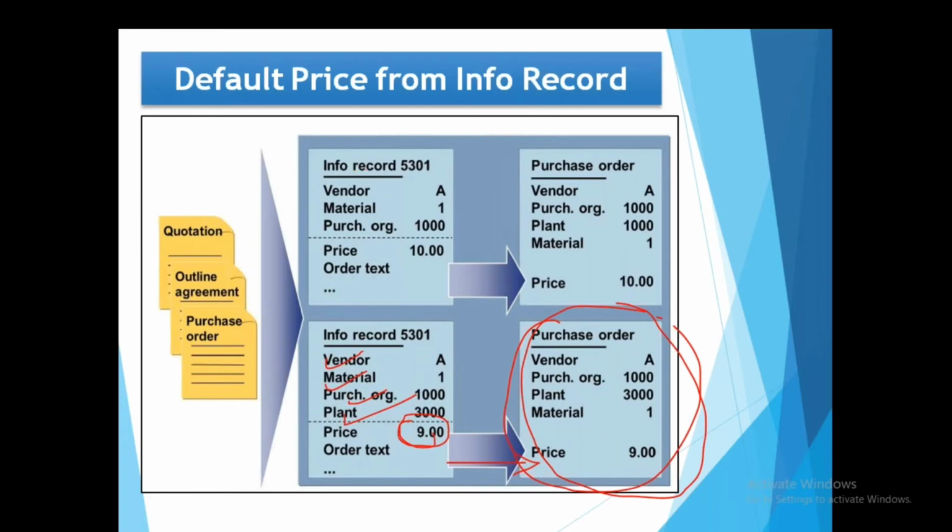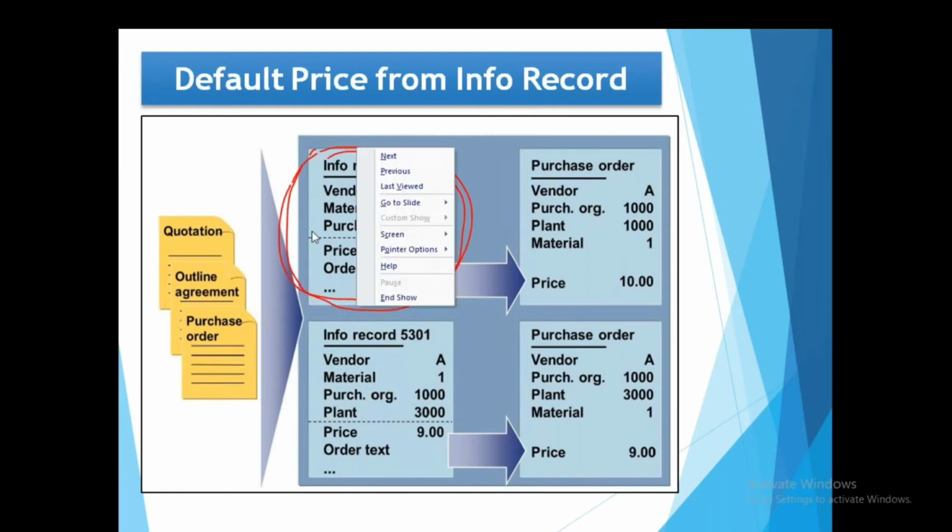Sometimes you can maintain an info record for a vendor, material and purchasing organization combination only, with no plant. In that case, whenever you create a purchase order, for all the plants that belong to this purchase organization, the price will get copied. That means you are creating a centralized info record without referring to any plant.